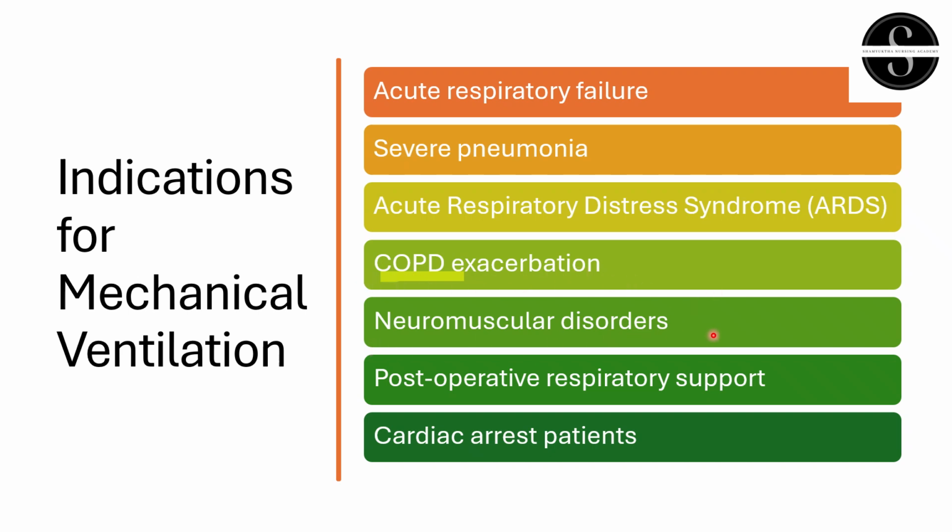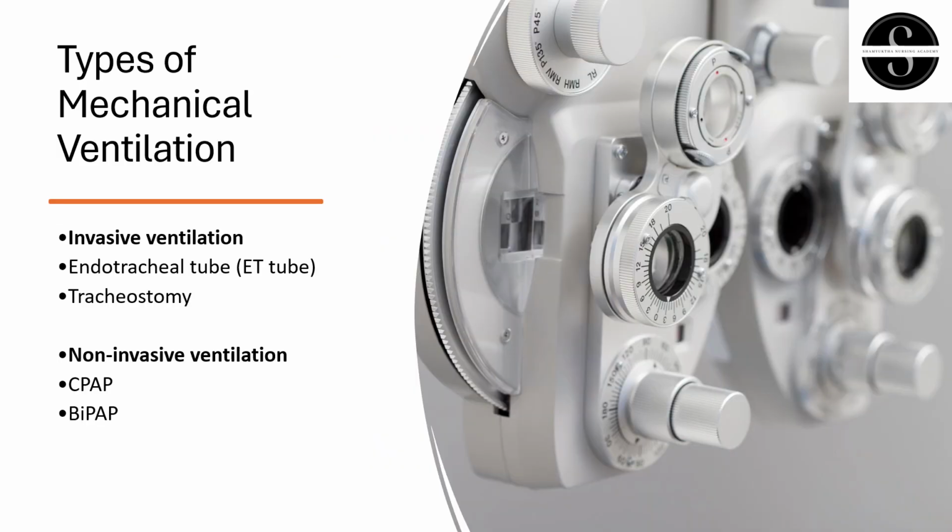Then neuromuscular conditions, for example, myasthenia gravis, severe Parkinsonism, and other autoimmune neuromuscular disorders. Then post-operative respiratory support, say for example CABG or major neurosurgery, post-operatively we will put the patient on a mechanical ventilator on the safer side. Then cardiac arrest patient, that is post-cardiac arrest. Clear with the indications? Any doubt so far? Okay, let's move on to the next thing.